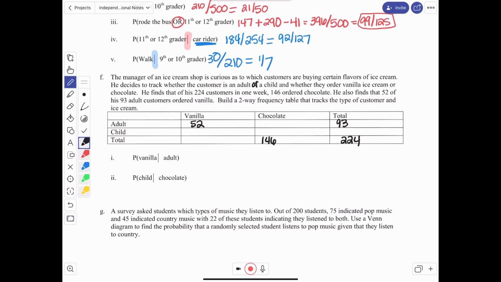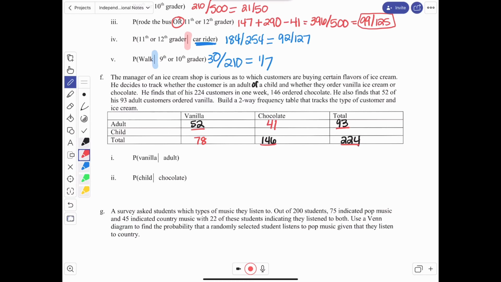So if I start, and I'm going to switch colors here, I can fill in chocolate for the adult, because I can do 93 minus 52, which is going to give me 41, all right? And then I can also do 224 minus 146 to give me 78.